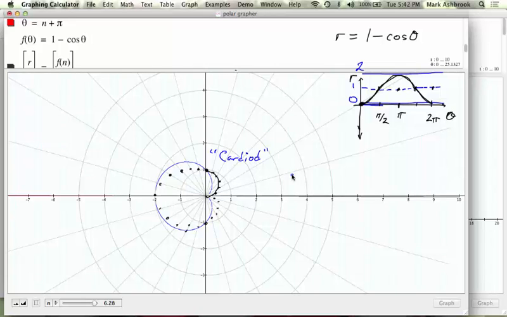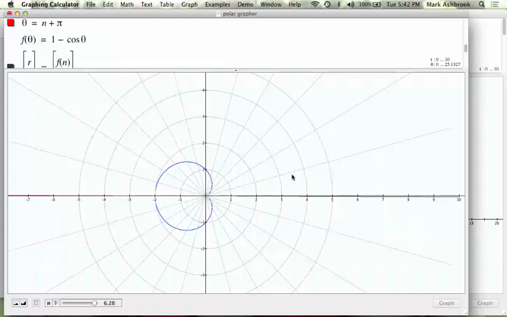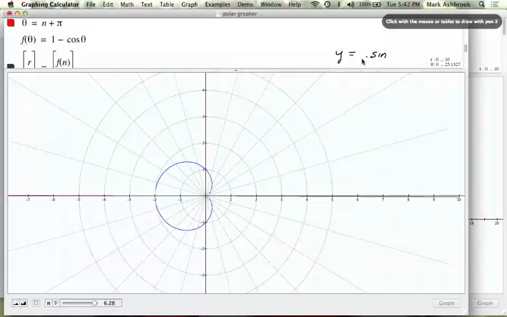Okay, let's try something different. Let's try another one. So let's erase so we can see it in its true form there. So there's the cardioid. Okay, so let's try 2 sine. Let's do 3.